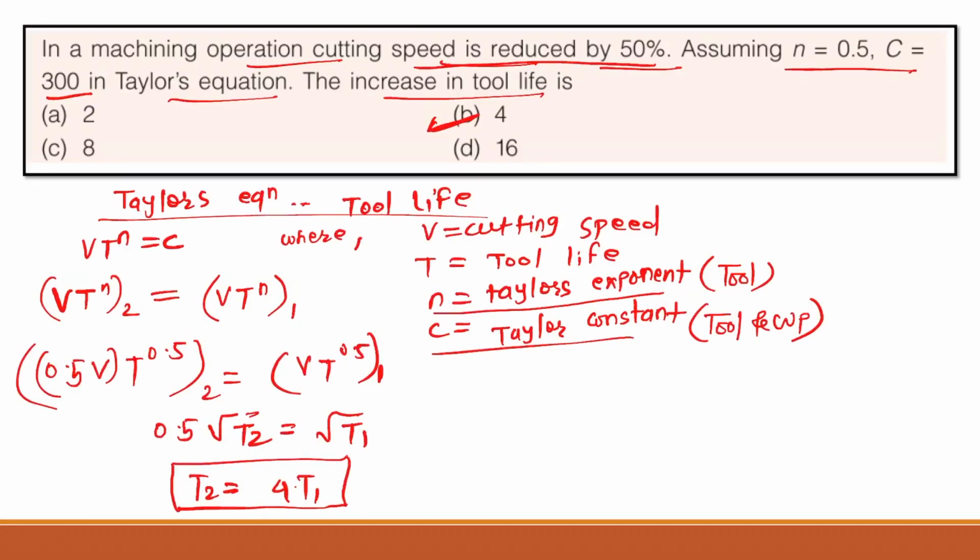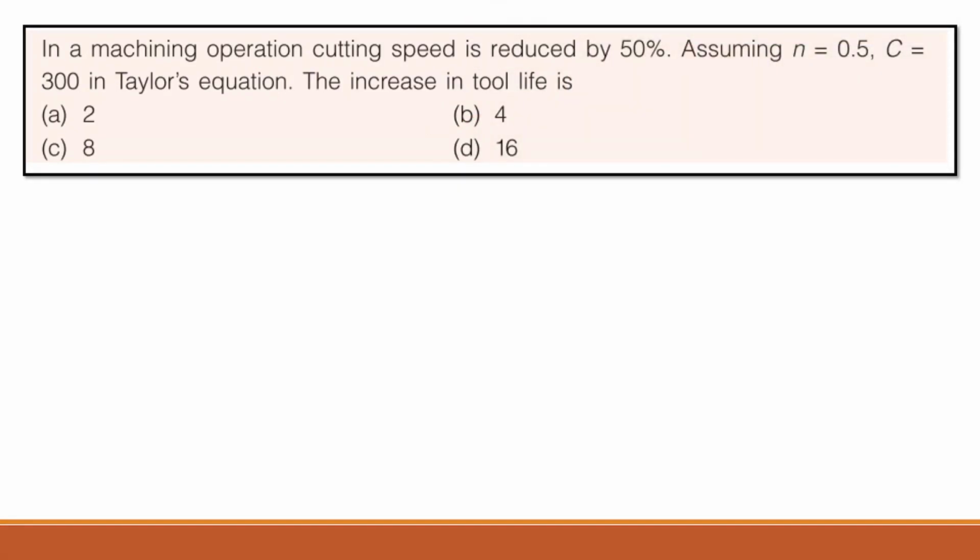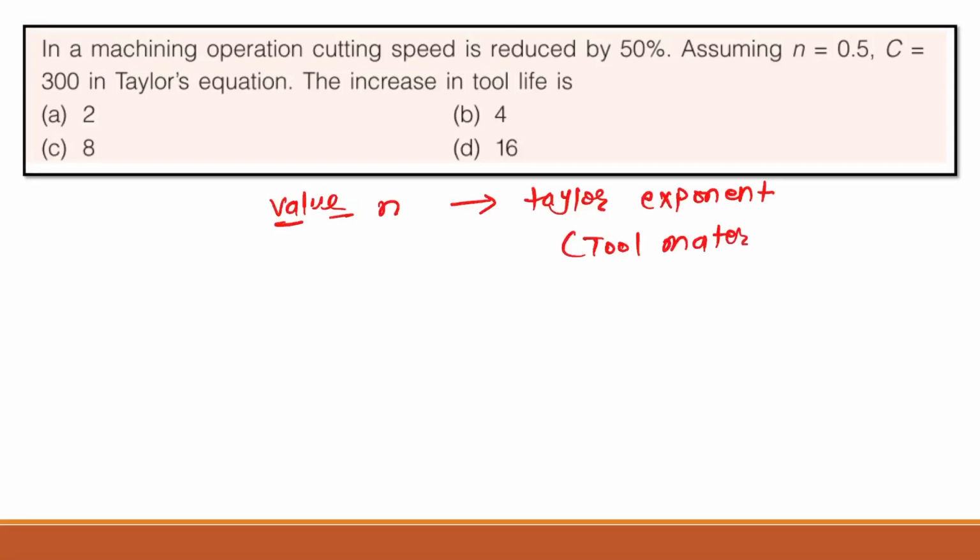So guys, I want to tell you something more important in this, about the value of n. n is Taylor's exponent, and it depends on tool material. Basically this question about Taylor's exponent is asked in many examinations, right?